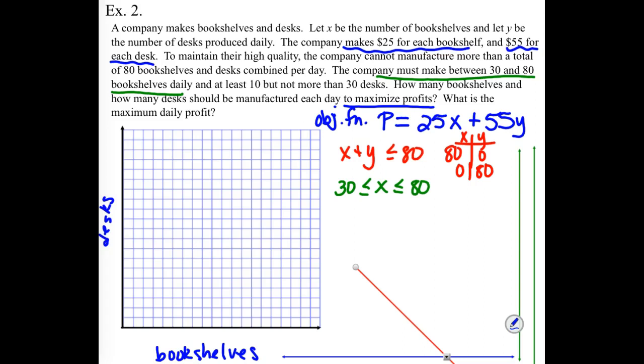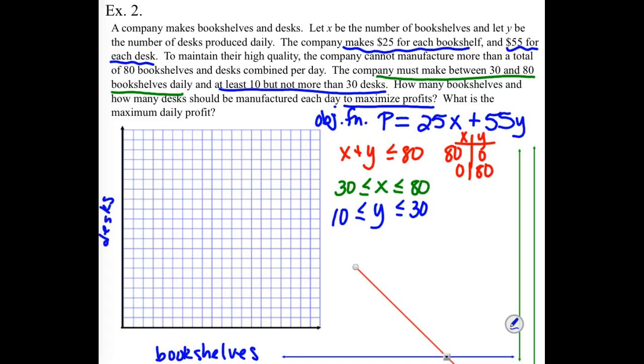Then it says we need to make at least 10 but not more than 30 desks. So similar statement. Our lower end is 10, our upper end is 30, but this time we are talking about desks. So we're looking at Y. Do we need those implied constraints where we said X has to be greater than or equal to 0 and Y has to be greater than or equal to 0?